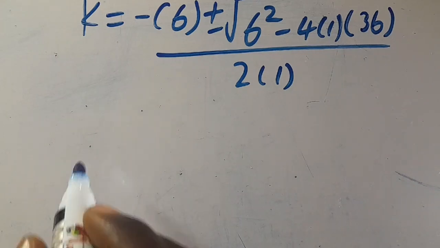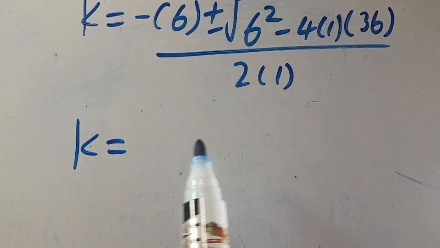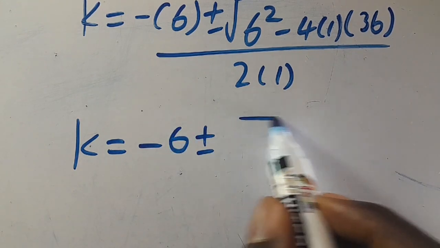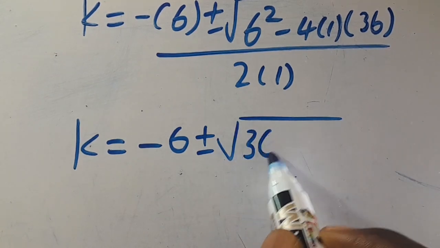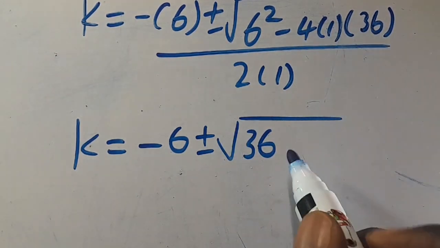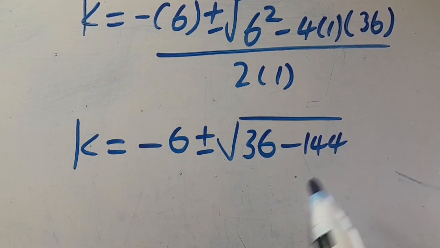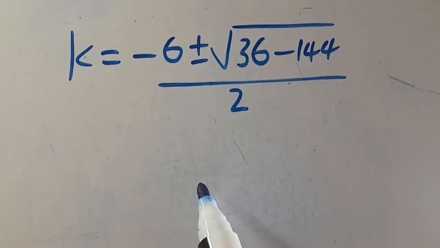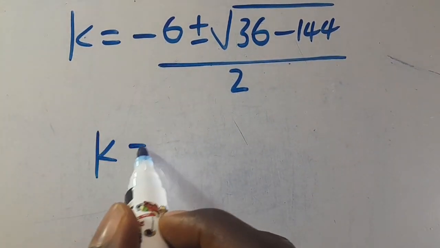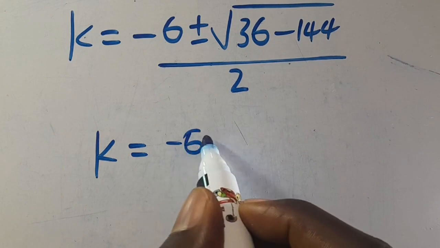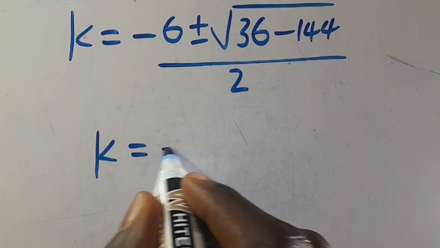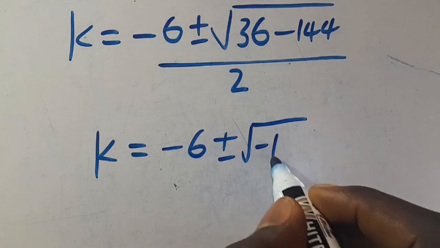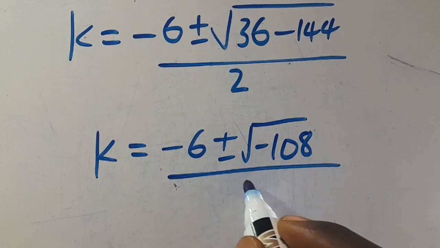So from here we have k equals minus 6, positive or negative, root of 36, 4 times 1 times 36 will give us minus 144, then all divided by 2. So we have k equals minus 6, positive or negative, square root of minus 108 divided by 2.